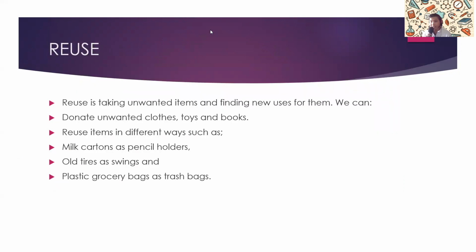Reuse is making use of another thing again. For example, plastic bags. In Tesco, they don't have any more plastic bags. You need to bring your own plastic bag. That's why you are reusing it instead of before where Tesco would give you a plastic bag every single time. Those plastic bags would become very dangerous to the environment.